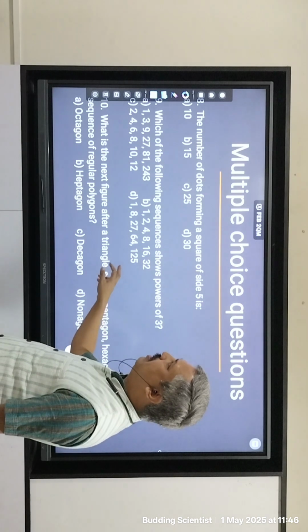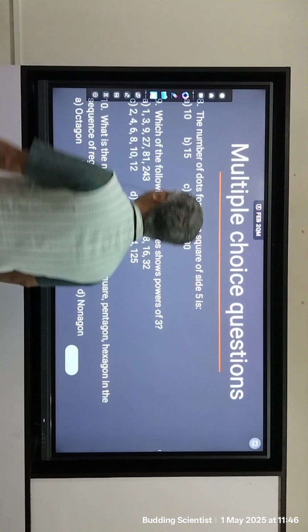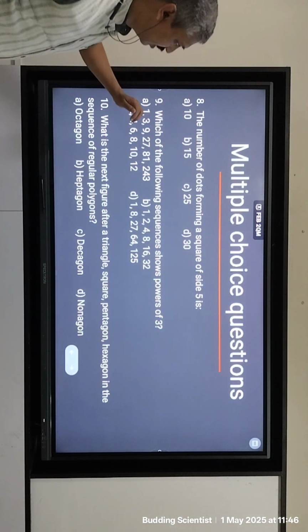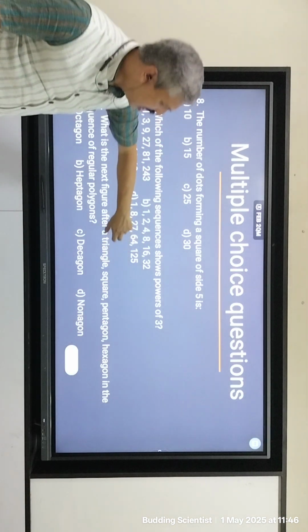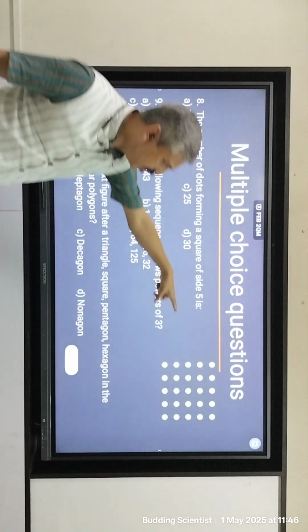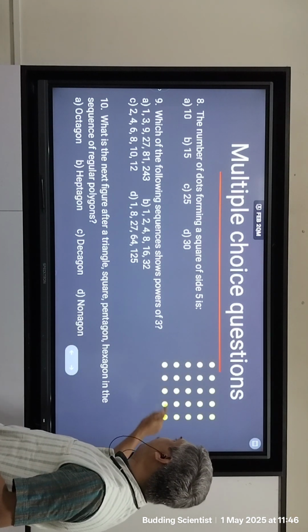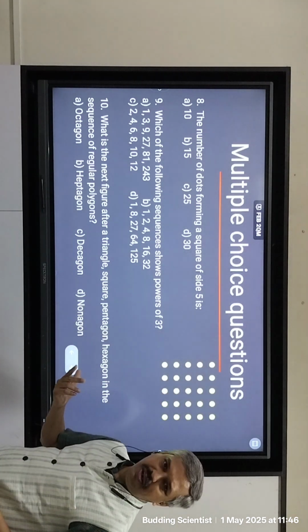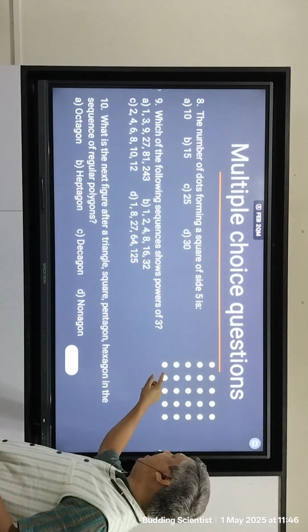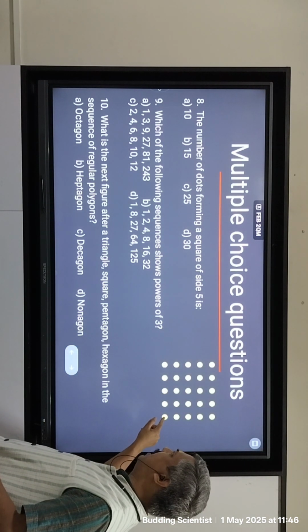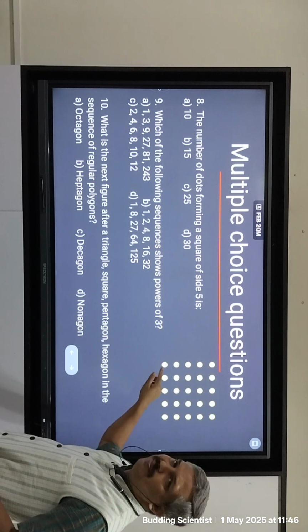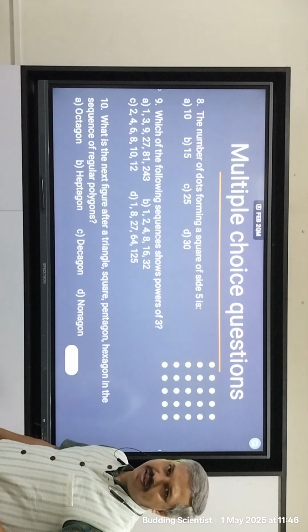Next, question 8. The number of dots forming a square of side 5. What is this? This is what is meant by the question. If you want to form a square by having dots, the only way it can happen is you have as many dots on the horizontal side and the same number of dots in the vertical side.